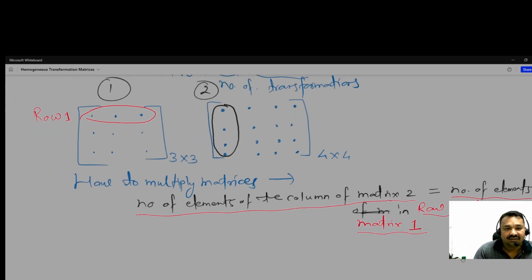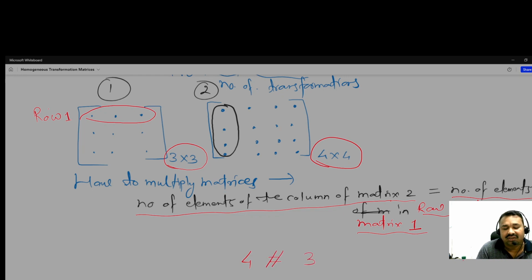So here, see, the dimensions are matching? The first matrix has dimension of 3 by 3. The second matrix has dimension of 4 by 4. So dimensions are not matching. So can we multiply? Here, the number of elements of the column of matrix 2 is 4, but the number of elements in row 1 of matrix 1 is 3.